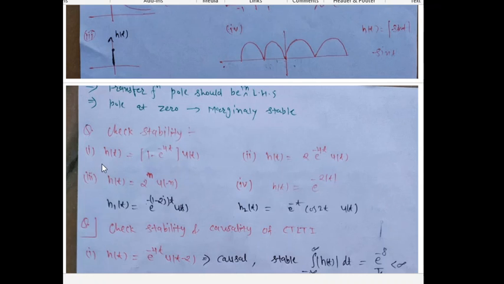So please try to check whether this is integrable or not, and this is integrable or not. All these are integrable. You have to check this one and this one also, and please write the answer in my comment box. And this is stable, this is also stable, this is not stable, I think so, and this is also stable.